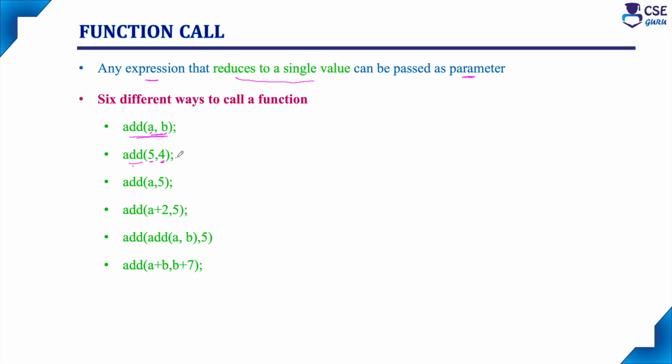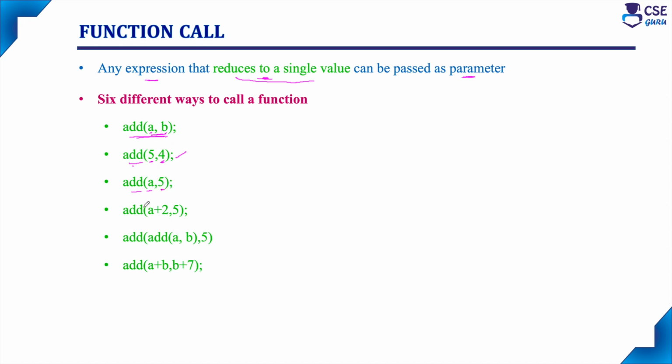This is also legal. Otherwise, a combination: add(a, 4). Here a is a variable that can hold some value, and for the other we can directly send the value itself. That is, a combination of variable and value can also be sent. Anything we can use, but it should reduce to a single value. Either variables directly, or values directly, or a variable with a value, mixed also.